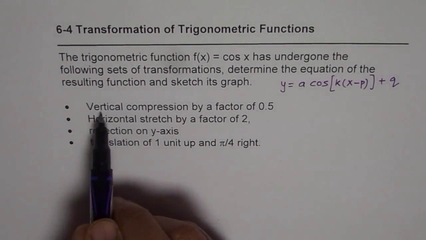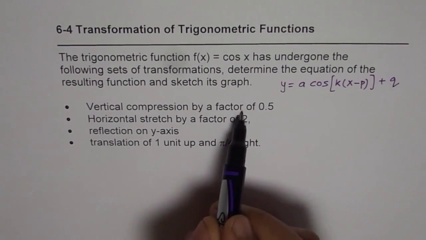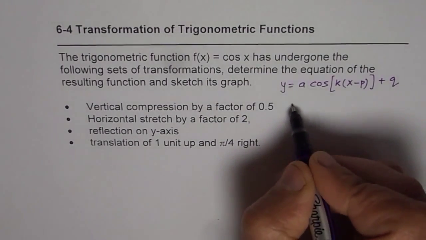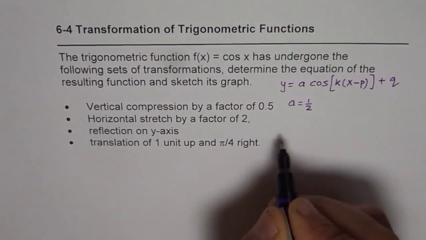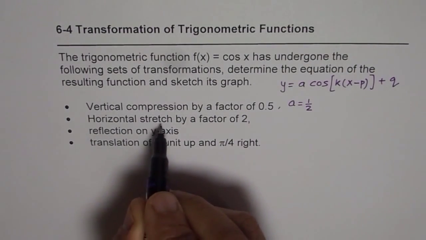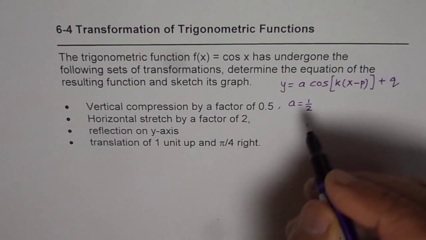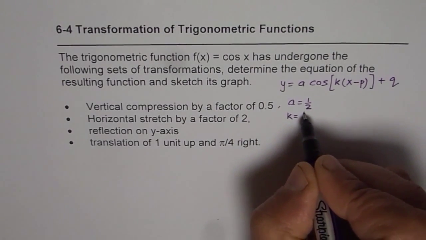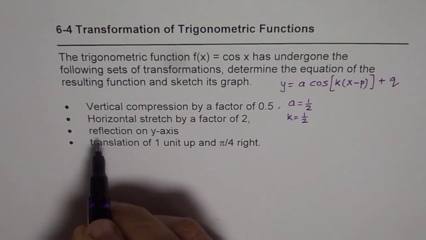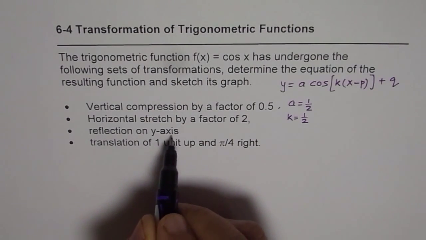Here we know that the vertical compression is by a factor of 0.5. That means a equals 0.5, or I can write this as half, right? Horizontal stretch by a factor of 2. That means k for us is equal to half. Reflected on y-axis.